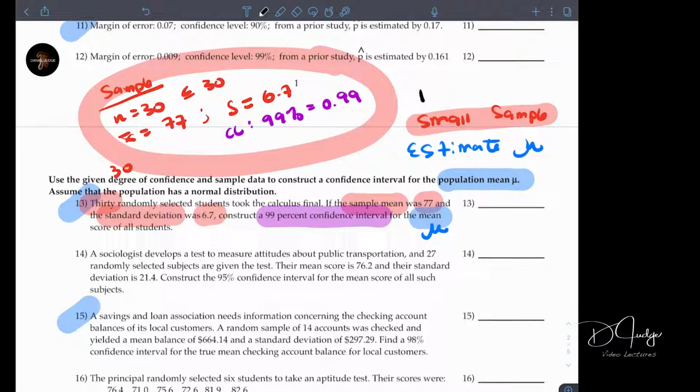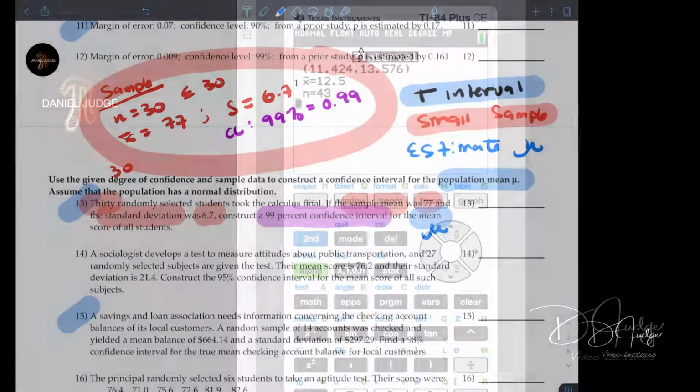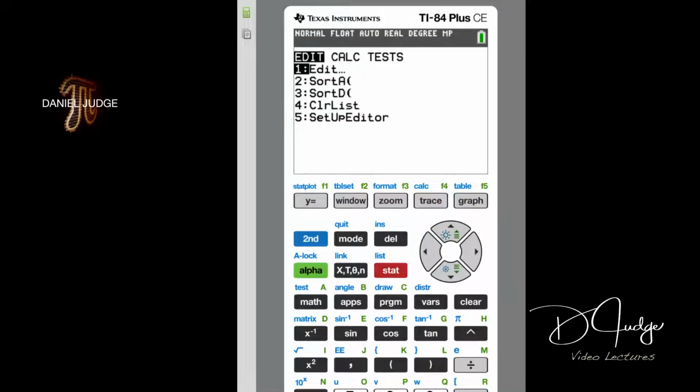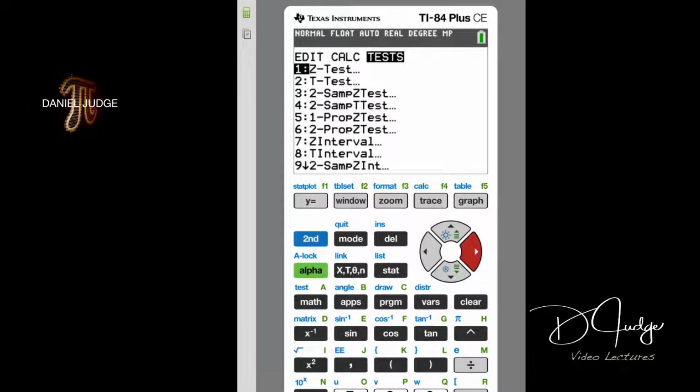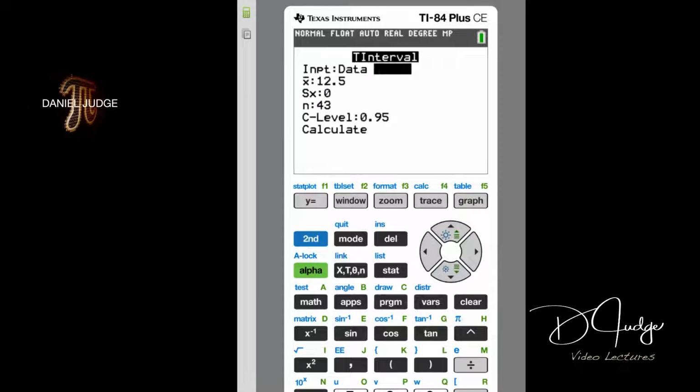Now, remember, we'll have to use t-interval. Small sample, t-distribution, student distribution in our TI. So we're going to go to stat, test, number 8 is t-interval.